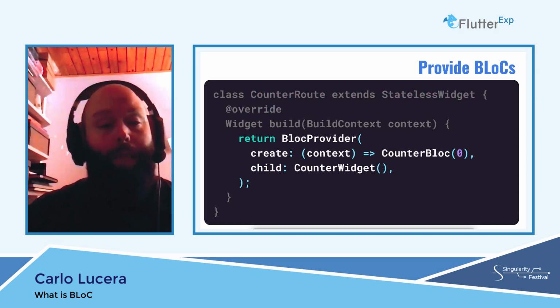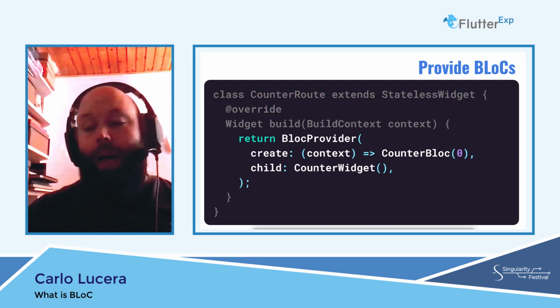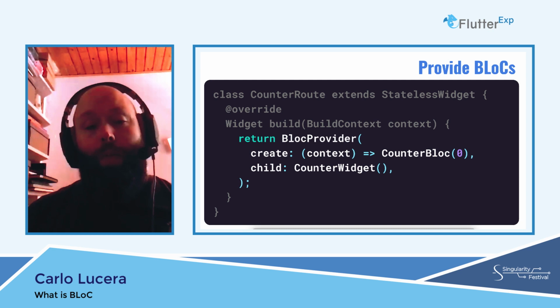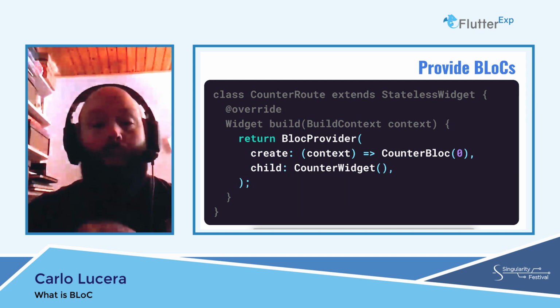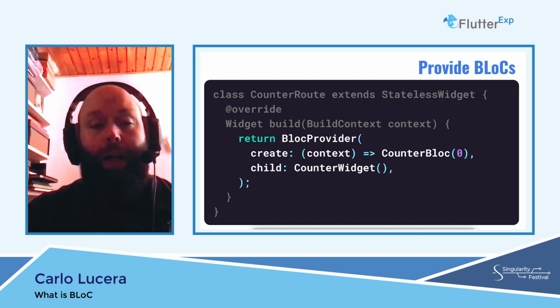The BlocProvider basically is another widget that we use to wrap our widget. Remember that when you use something like a BlocProvider or a Scaffold, you need a certain degree of separation from the widget that you are providing.